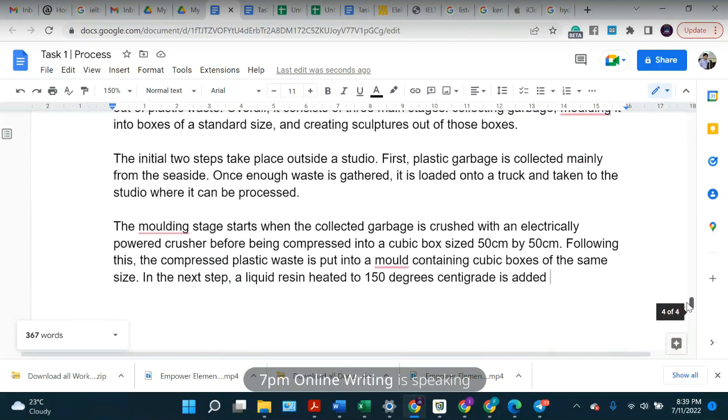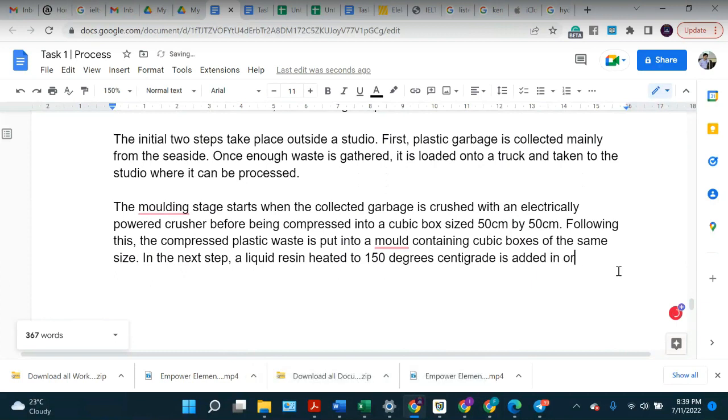So we can say in order to achieve, I read something about like to achieve this. You said so that it could be held together. Yeah. So the whole thing could be held together, right? Liquid resin heated to 150 degrees centigrade is added in order to.